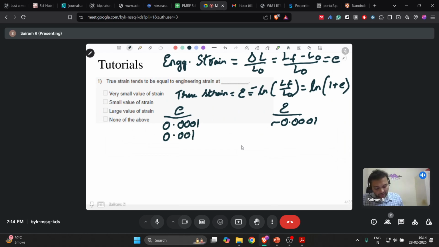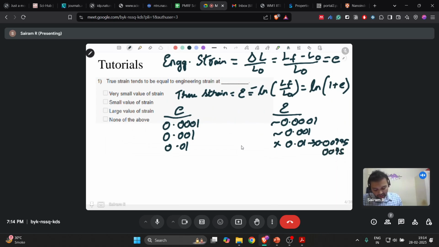At higher values of e, even at 10 power minus 3, it is still very similar, 0.001. But at 0.01, it is not approximately equal, because the value is around 0.00995.